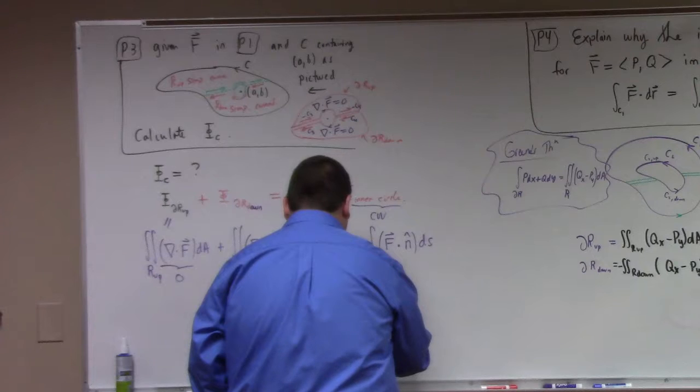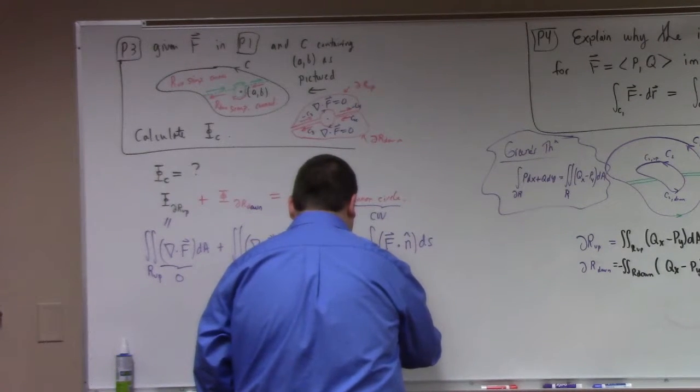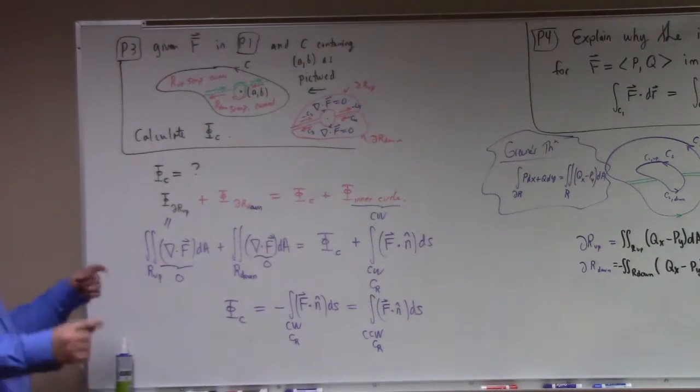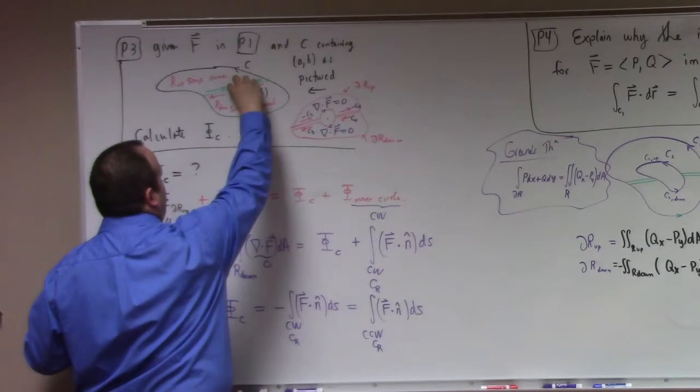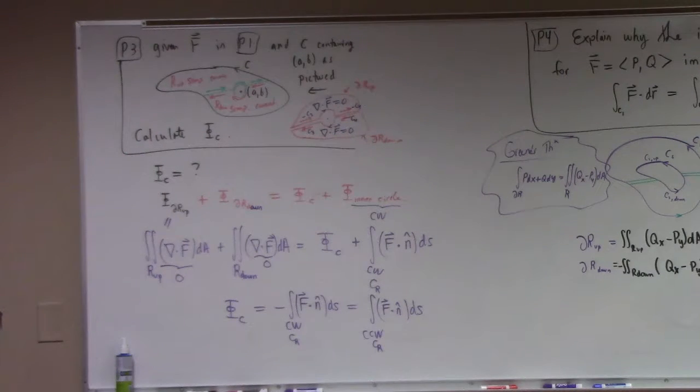So, counterclockwise oriented CR of F dot n hat ds. So if I reorient the inner circle to be counterclockwise oriented, then I have the flux through this inner circle, counterclockwise oriented, is equal to the flux through the outer loop, counterclockwise oriented, because the divergence between those curves is 0.